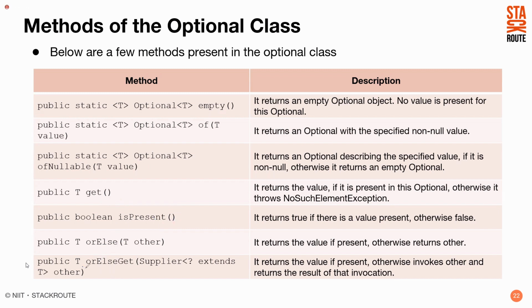In the else case, what value do I want to get? It returns the value if present, otherwise it invokes other and returns the result of that invocation. So mostly we will use the isPresent method, orElse, get, and the empty method.